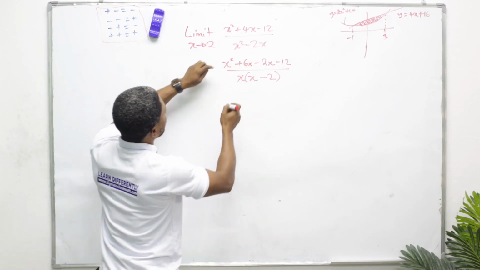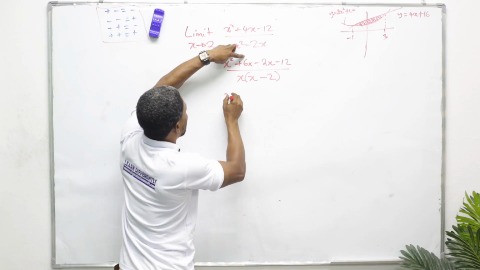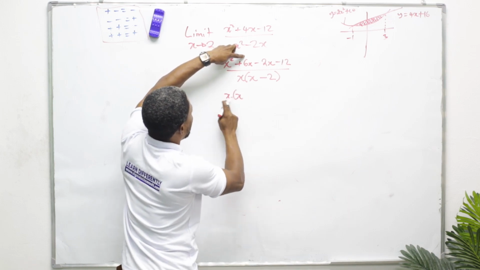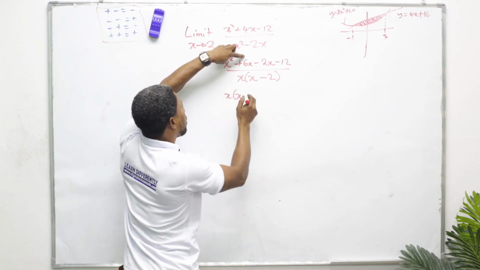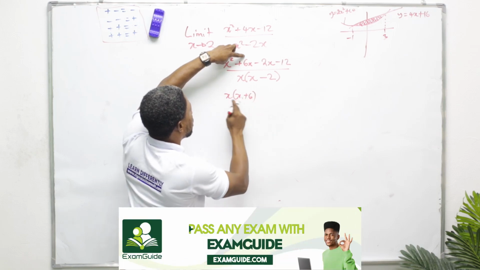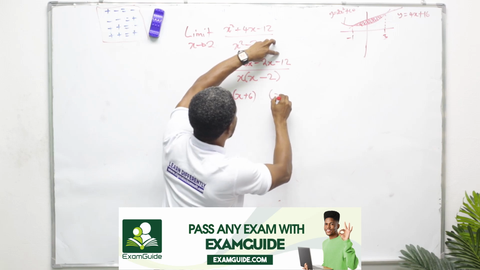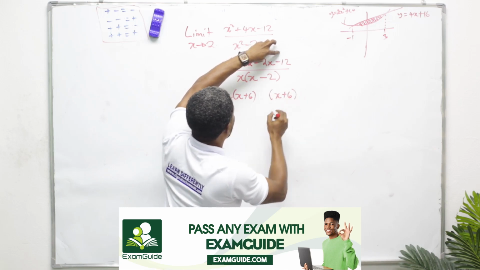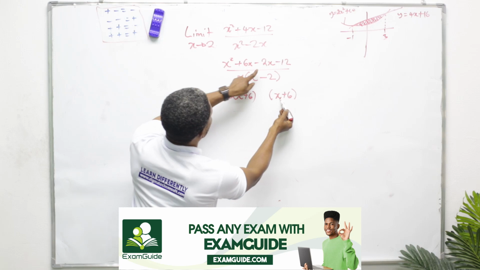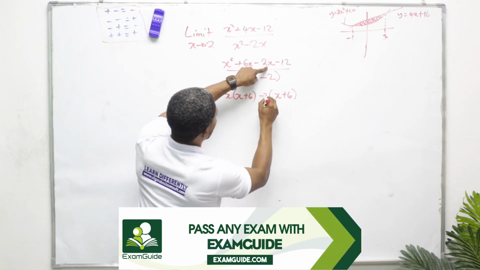So at this point, this is one bracket. X times x will give me x squared. If I say x plus 6, it will give me this. Now, I go to this one. I told you the bracket must be the same when you are to factorize. What will I multiply by this to have minus 2x? That is minus 2.